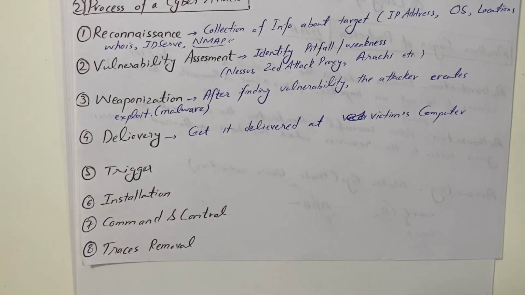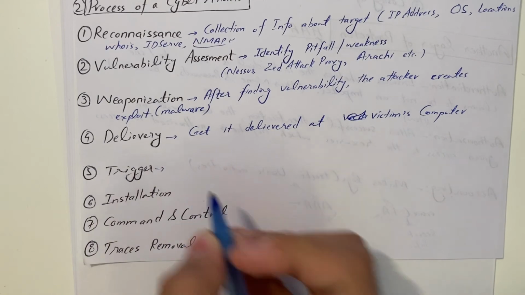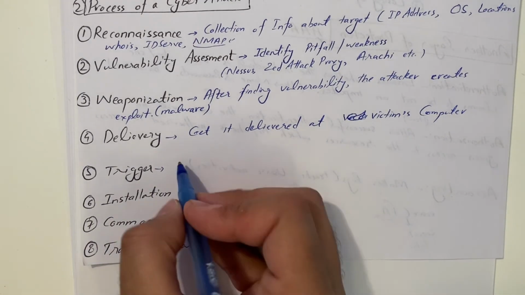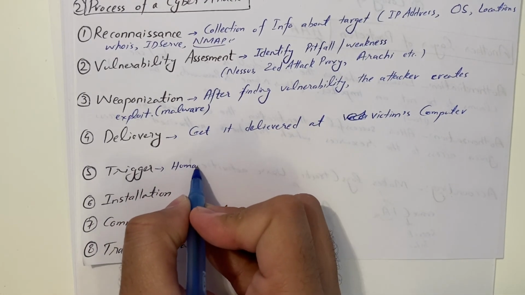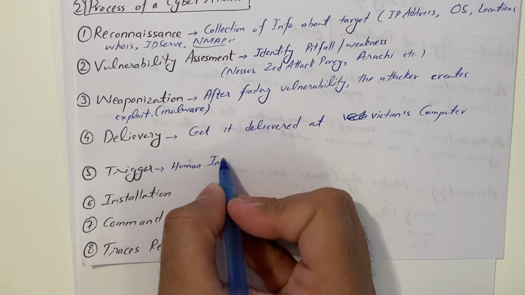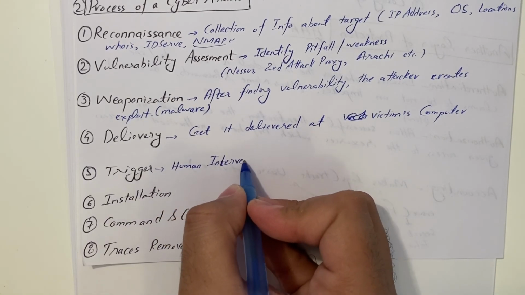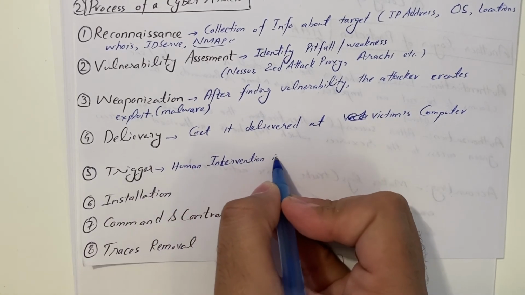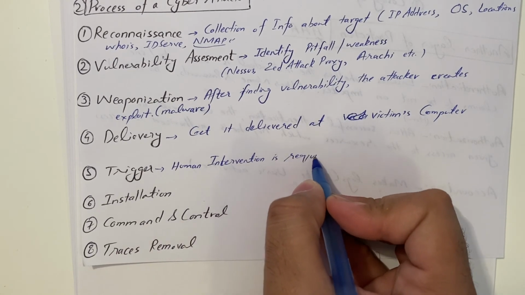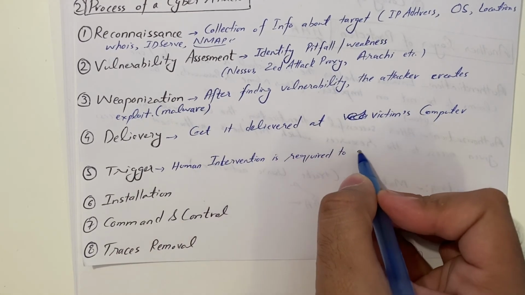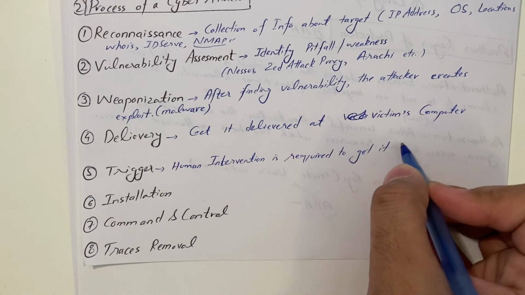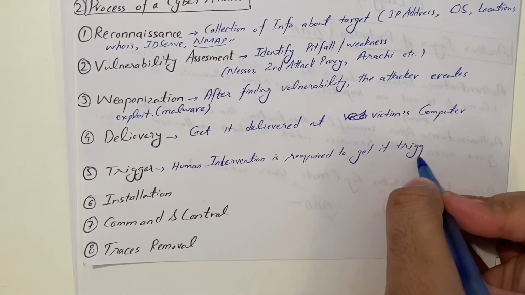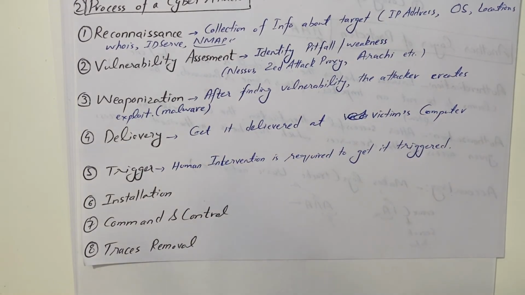After it gets delivered on the victim's computer, most viruses require human intervention to get triggered. Human intervention means, for example, you need to open that file, download that file, or visit that particular link.